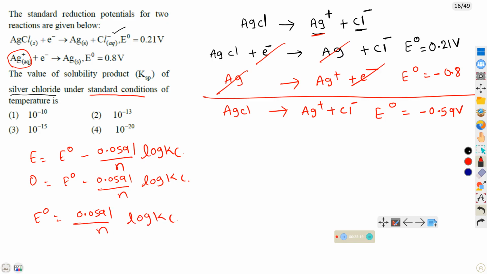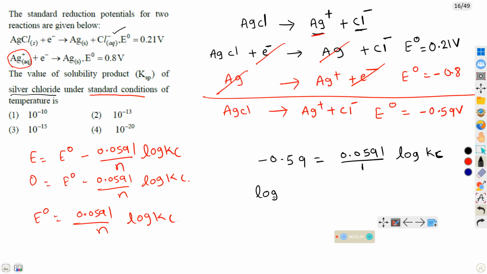What is the E naught value? E naught value is equal to minus 0.59, equal to 0.0591 by how many number of electrons? Ag converted to Ag plus, 1 electron, log Kc or Ksp, whatever it may be.